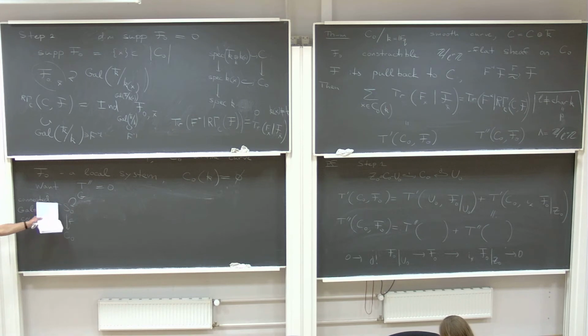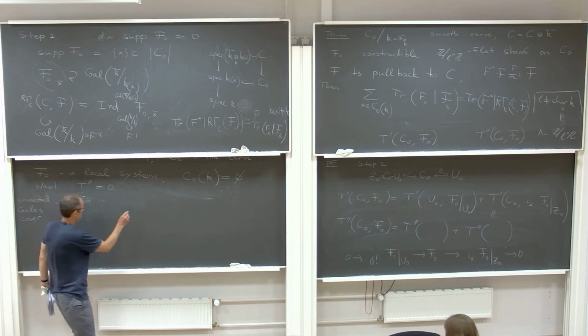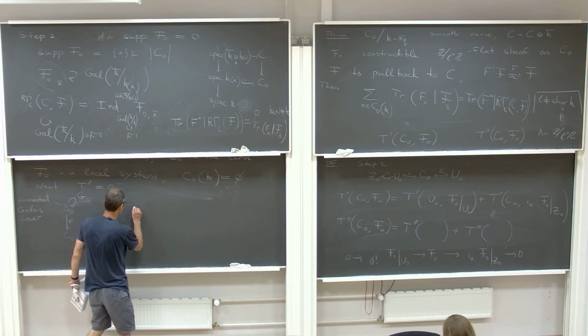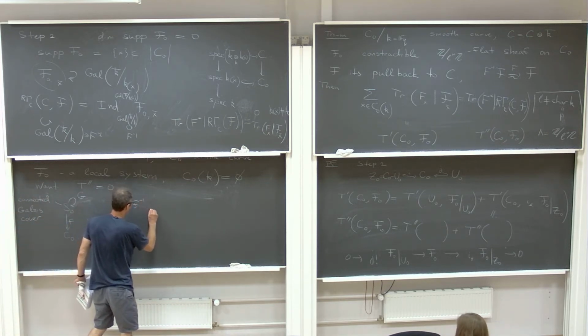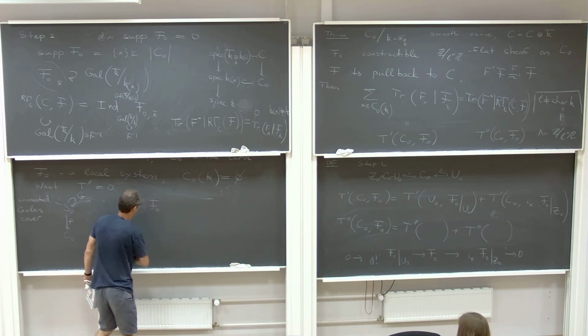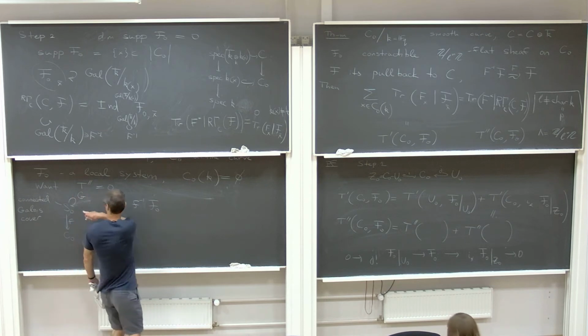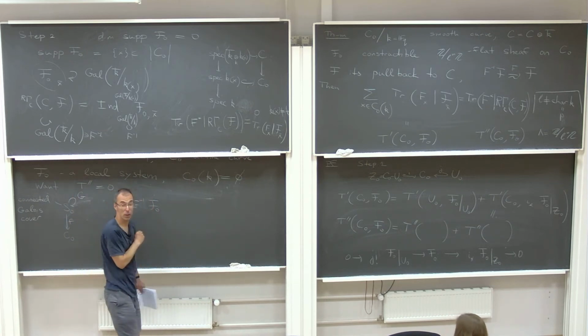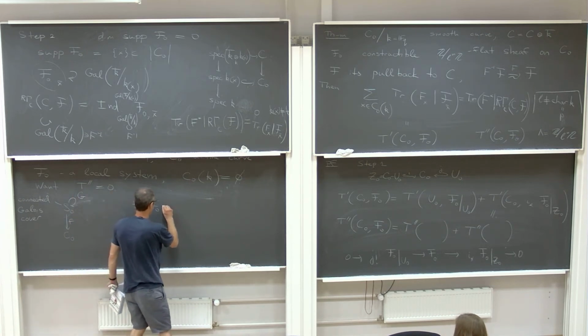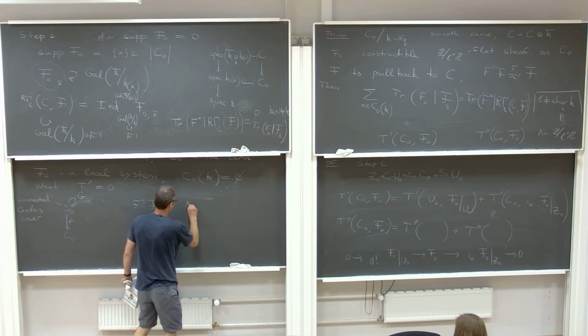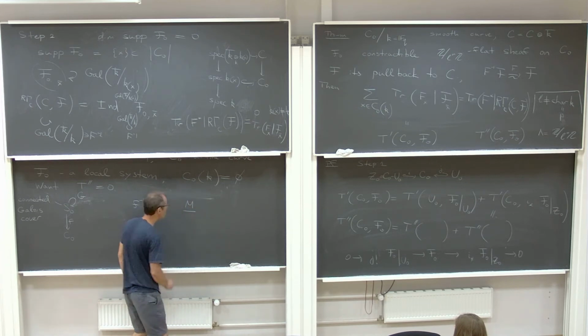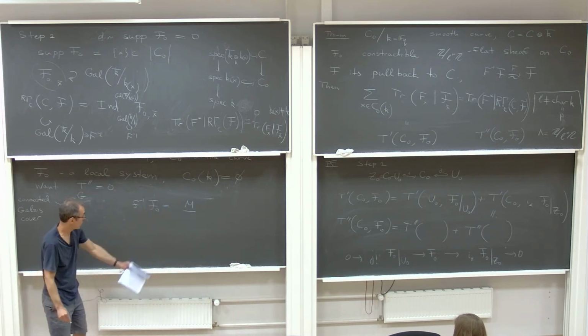It's the quotient of the fundamental group of C0. And it has the property that if I pull back my local system to this cover, it is actually constant. So that means that it's a constant sheaf with some coefficients M. And so what is M?